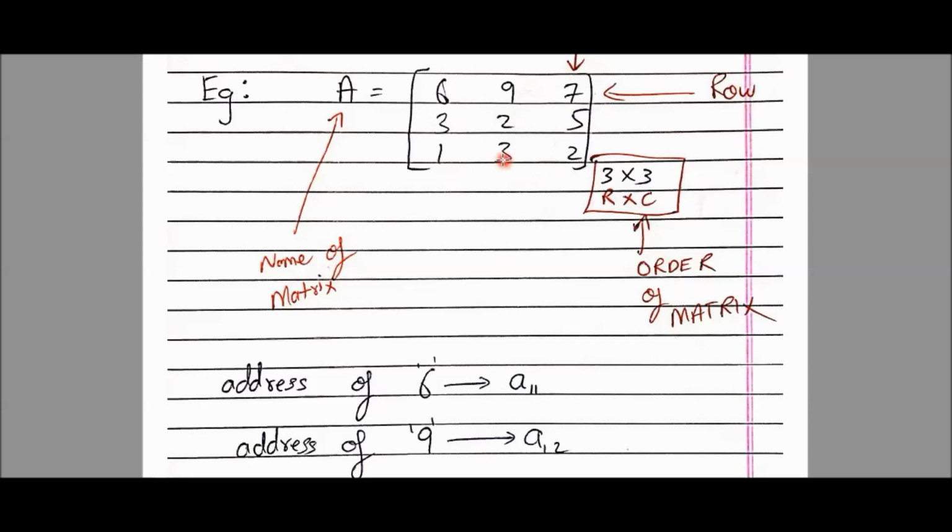Tell me about this 3. I'll highlight this 3. Tell me which row it belongs to. It belongs to the third row. And which column? It belongs to the second column. So what will be the address of this 3? The address will be small a subscript 3, 2. Okay, beautiful. Now let's proceed further.